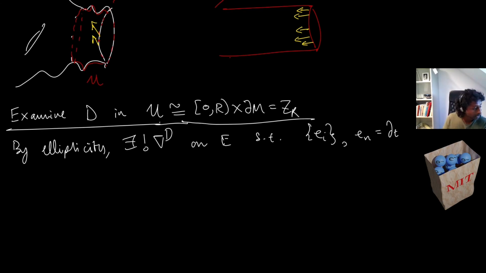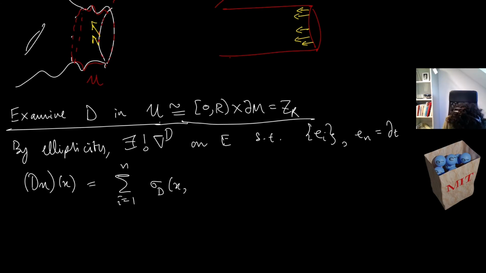And so du of x, I'm going to write as the sum from i equals 1 to n of dx e_i. So actually this expression that I'm writing here is not dependent on us being inside this cylinder. So this is true everywhere if you start with some frame. However, I want to equate e_n equals partial t.